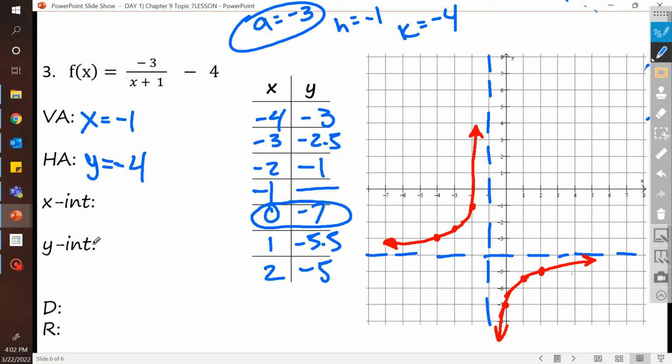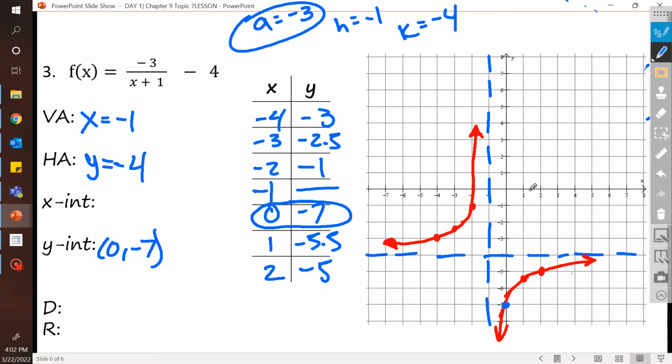The y-intercept, we can plug in 0 for x. I usually do the y-intercept first, and I plug in 0 for x, but if you take a look, we already did that. The y-intercept is 0, -7, and we can see that right here on the y-axis.